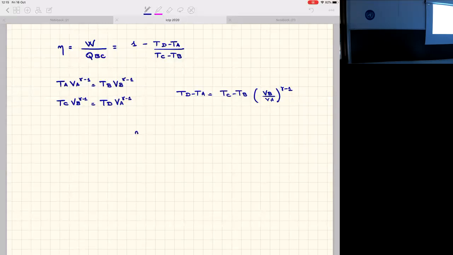And therefore, my efficiency, eta, is equal to 1 minus VB over VA to the power gamma minus 1, sometimes written as 1 minus 1 over R to the power gamma minus 1. R is equal to VA over VB, is called the compression ratio.